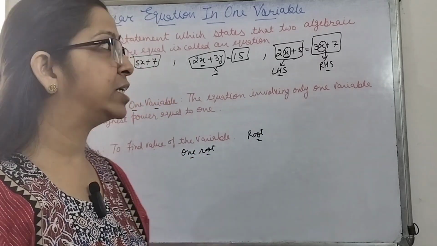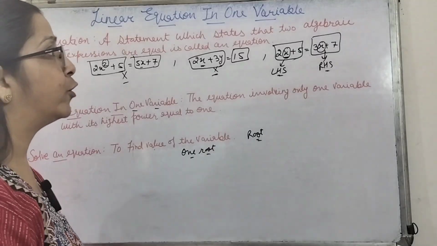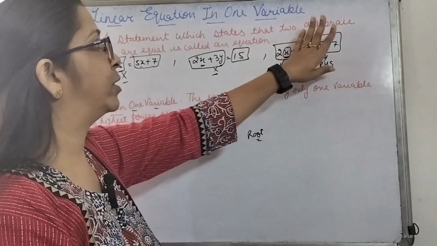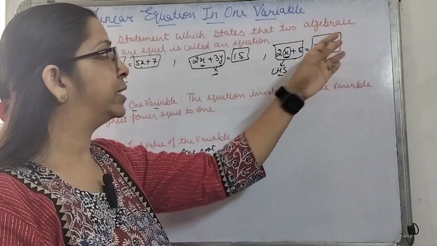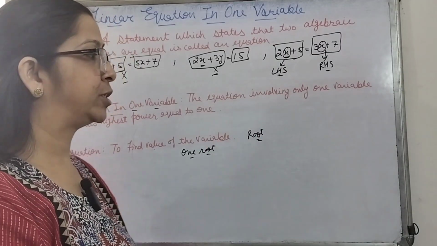So we have only one solution, only one root, for a linear equation, for which the LHS becomes equivalent to the RHS, and that is the solution of the equation, or root of the equation.